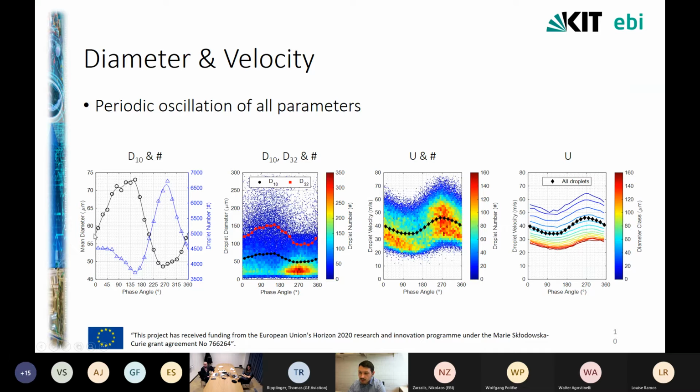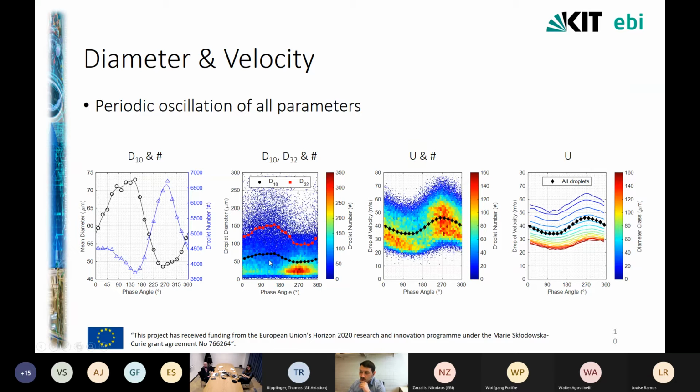So let's start with the mean diameter, the black curve here, which undergoes a strong influence because of the excitation of the airflow, and also the number of the droplets that cross the measurement volume of the PDA is unsteady. In a steady case, without using the siren, of course, the mean diameter would be quite constant in time, and also the number of droplets would not have such a strong deviation in time.